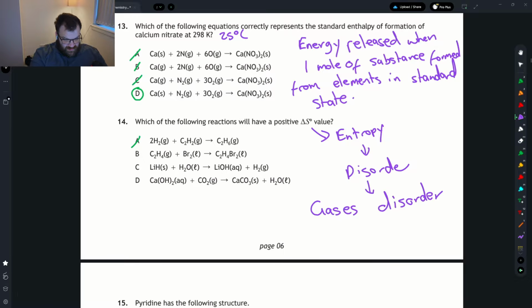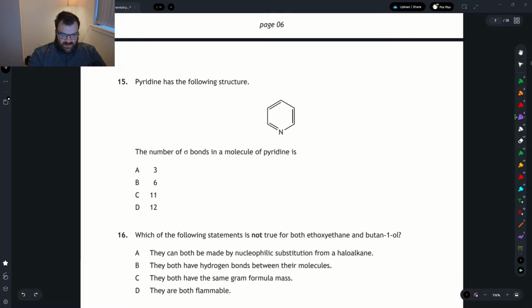Not our answer. Next, we have solid and liquid going to solution and a gas. That is going to be an increase in disorder and entropy. And here we're going solid and liquid. We're cooling it down, less disordered. Correct answer, C.